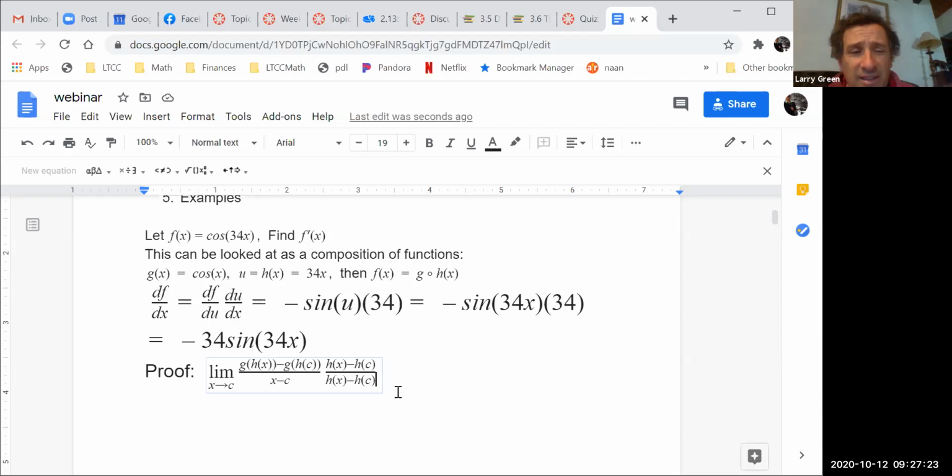Okay, and the reason I did it is that I multiplied by the du over du. That's what just happened, because h of x minus h of c is the change in h, and h was u. You see how that works? So even though it may feel like I pulled a rabbit out of the hat, the reason I gave you this example first was for you to recognize the rabbit.